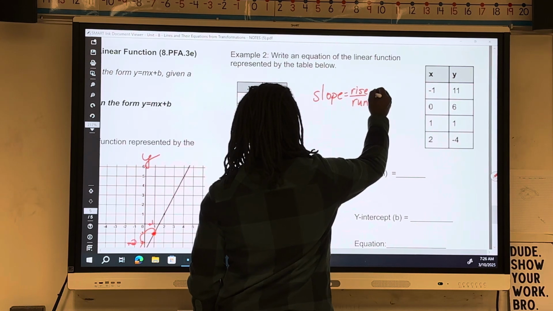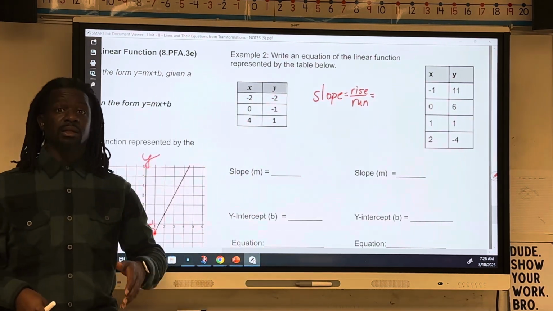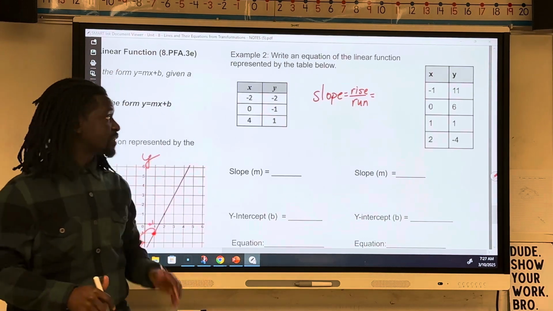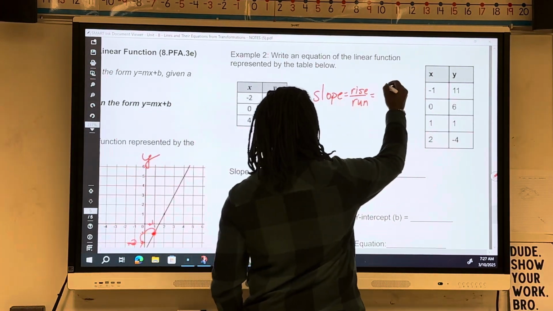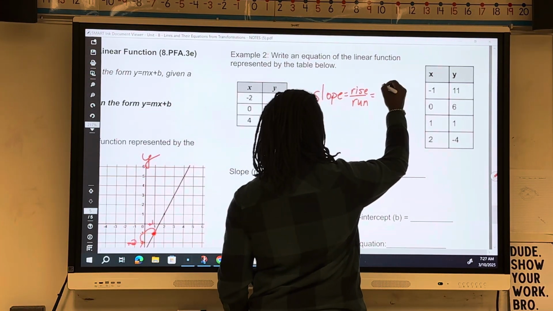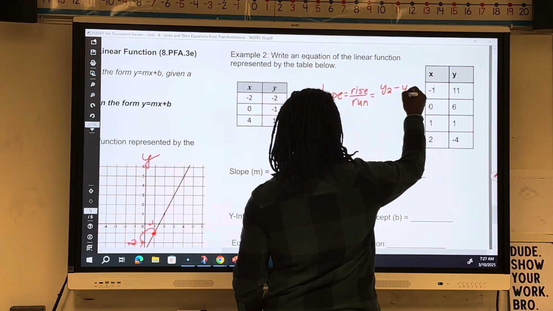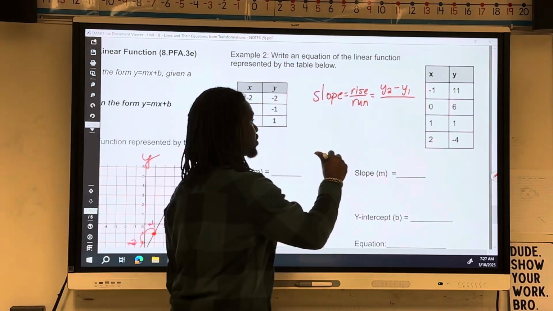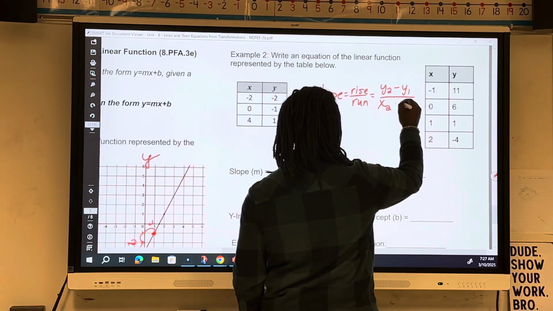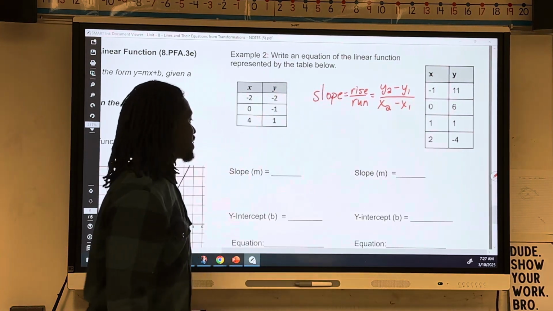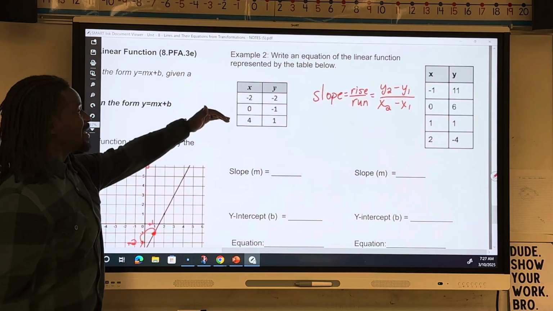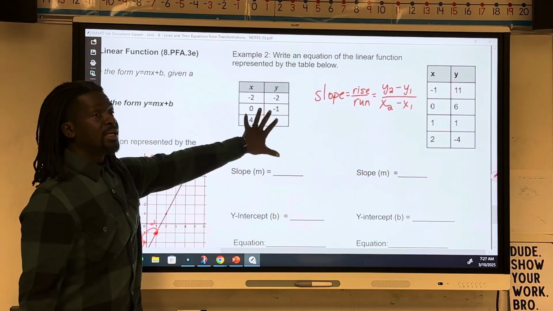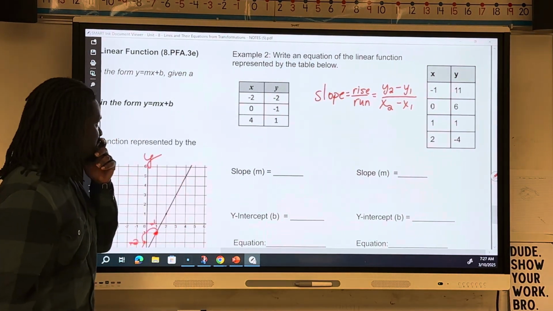When I am rising, I am moving along my y-axis, so to get the slope, I have to do the change of y, which is y2 minus y1, over, and when I'm running, I move along the x-axis, so it's x2 minus x1. That is what I need to do in order to find the slope from a table.